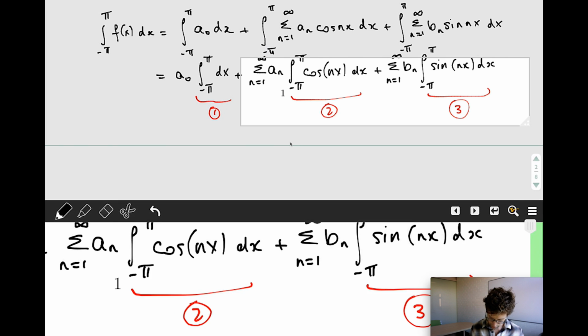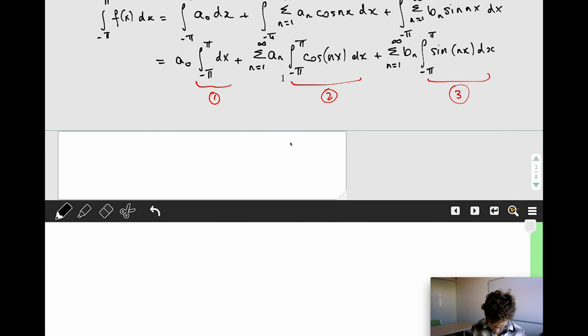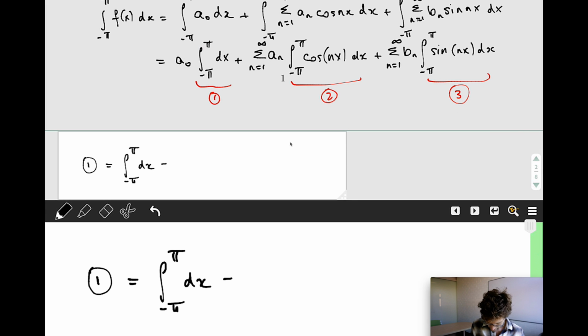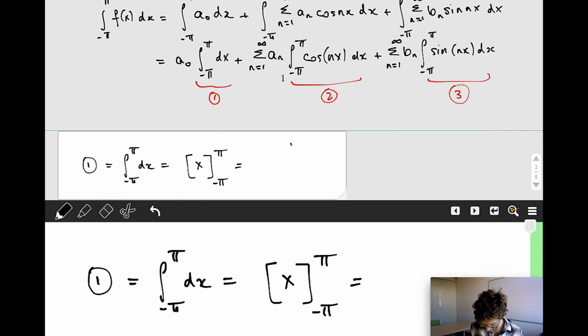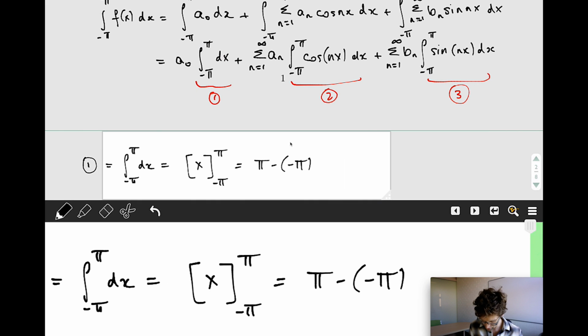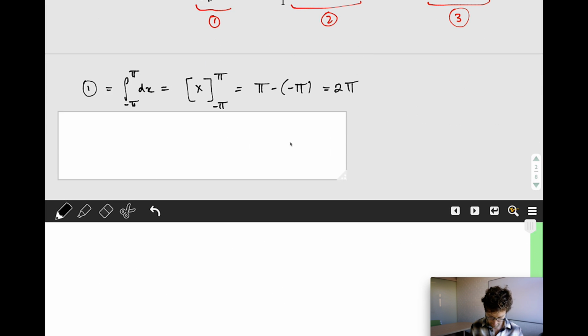So let's start off with 1. This is a pretty easy one. Integral number 1 is the integral from minus pi to pi of dx, which is just x evaluated from minus pi to pi. So that's going to give me pi minus minus pi, which is equal to 2 pi. So that's integral 1, relatively straightforward.